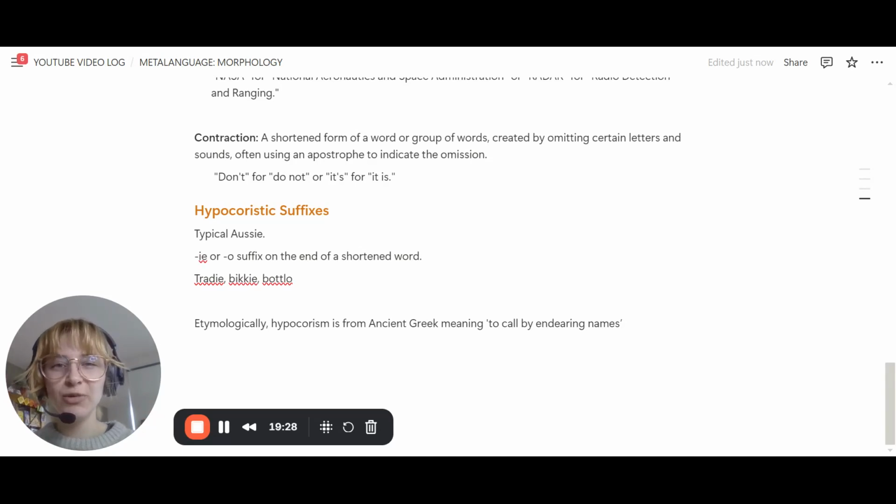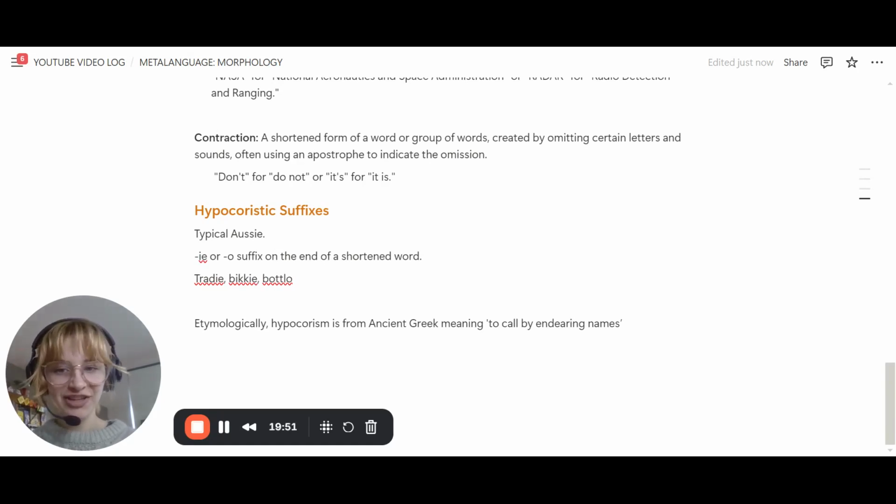It's a diminutive that shows a lot of love, really free-spirited, super chill, relaxed, laid back. And that's all things that we like to describe ourselves as Australians. So some examples are tradie from tradesman, bicky from biscuit, bottle-o from bottle shop.